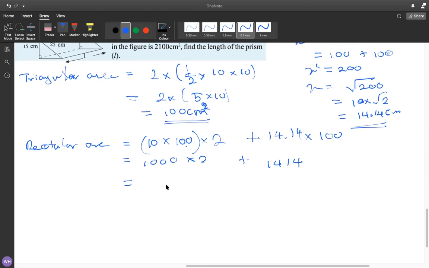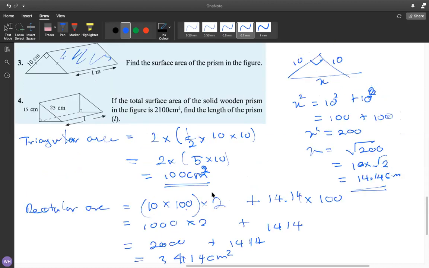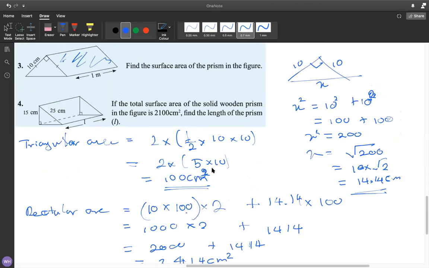So altogether this is 2000 plus 1414, so altogether 3414 square centimeters. Guys, have you found this? Have you got this answer? No.